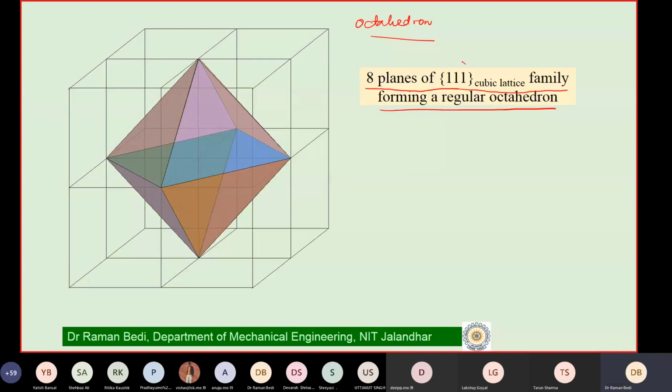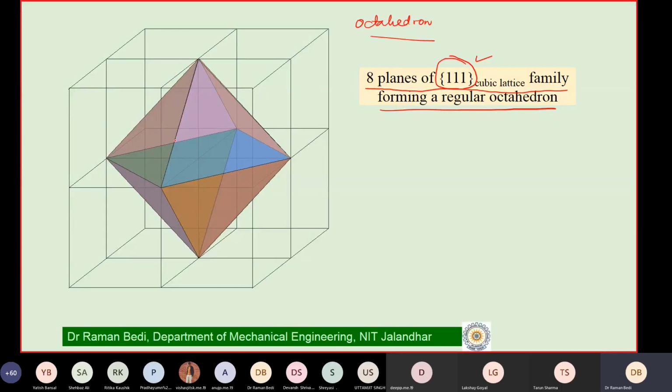What is this? I'm referring to the octahedron here composed of these 8 planes of the 111 cubic family. So if you remember our discussion about the crystallographically equivalent planes, this is what I actually had drawn, and this is just the same representation.